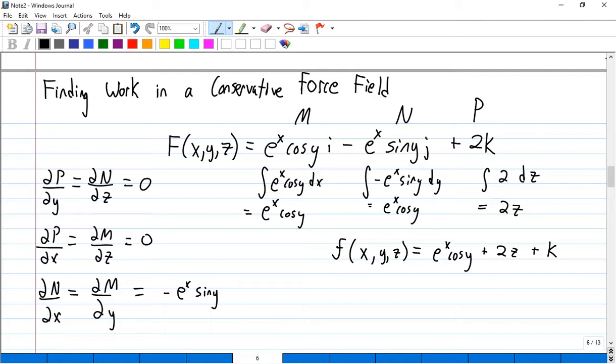All right. So work is equal to the line integral over C of F dot dr, which we're not going to calculate because we don't even have the r, right? We're just going to say that's equal to the potential function evaluated at, I didn't give you the points, so let me give you the points.